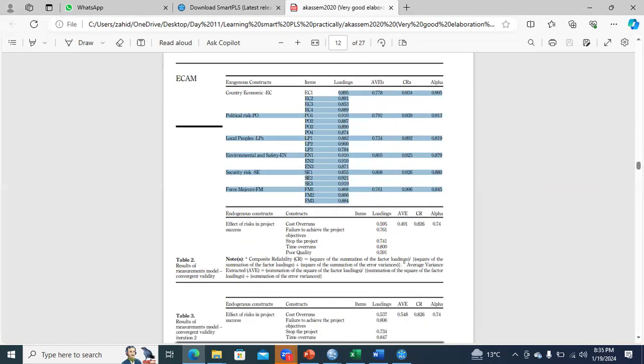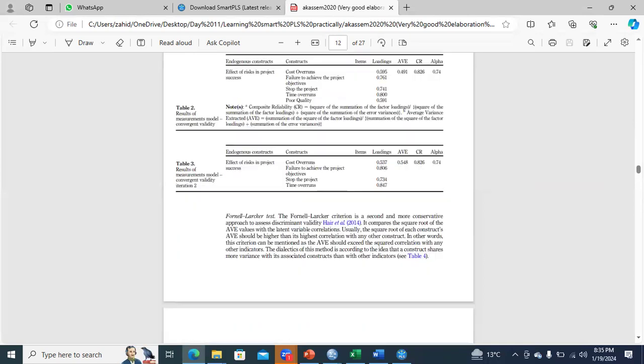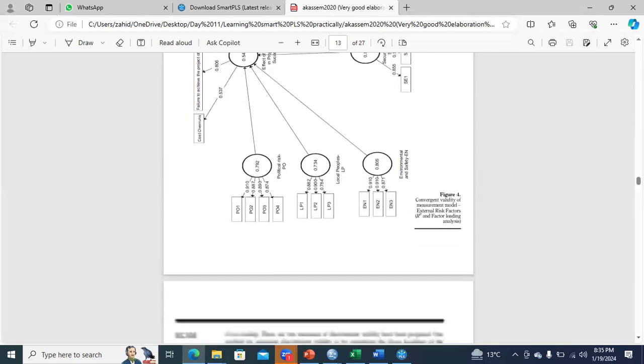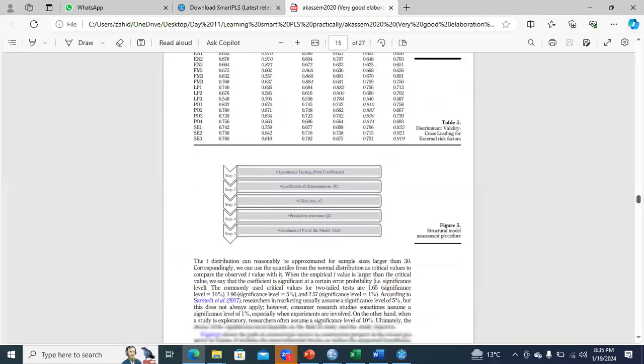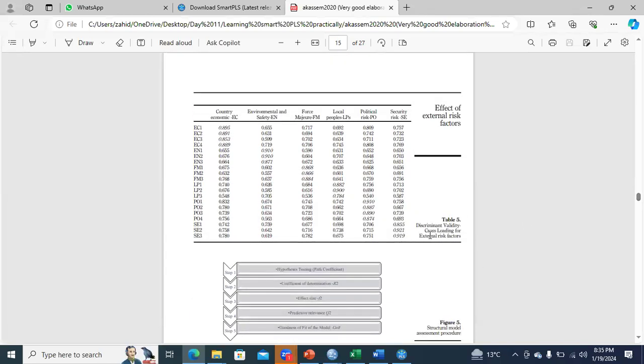Then you can see more different criteria over here. This is the Fornell-Larcker criterion, and you can see the first value is greater than the remaining values. You need to understand how discriminant validity can be established, and they have also shown the cross loading. You can see there is a cross loading table, where EC stands for country economic.